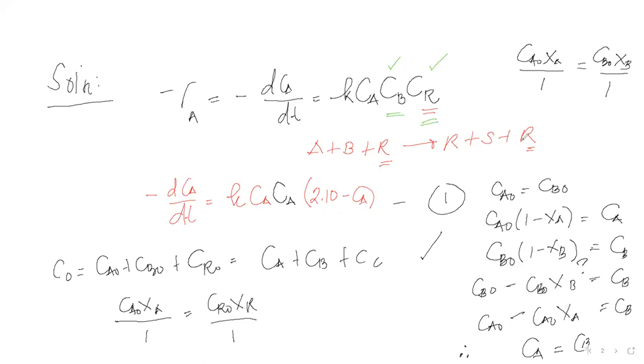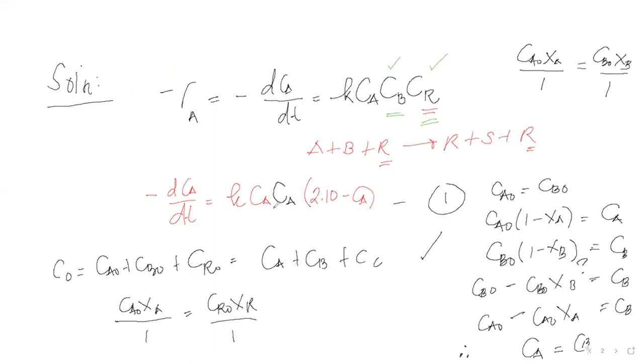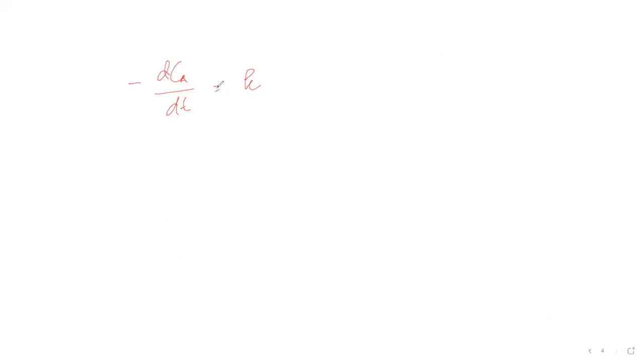It would be negative dCA dt equal to K. Now, I have a CA there, you recall? So that would be CA squared. It should be multiplied to 2.10 minus C sub A. And the rest will be your math.